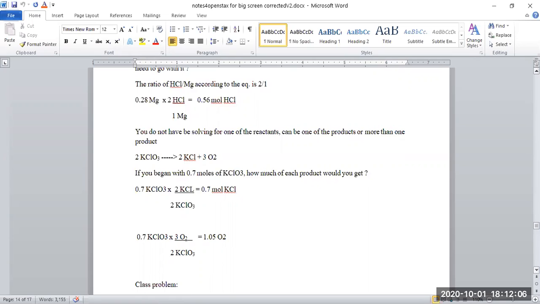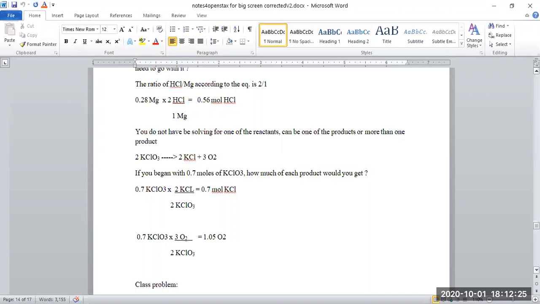If I want to find out how much of each product I get, note I got 2 different products, so I'm going to have 2 different answers. I'm also going to have 2 different little fractions in order to do my conversions.